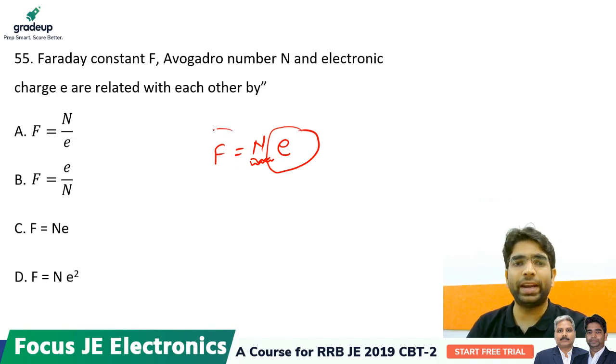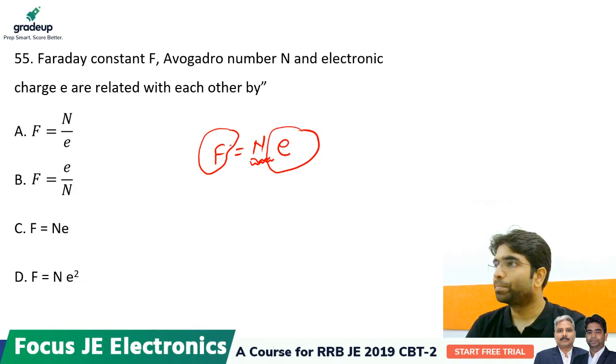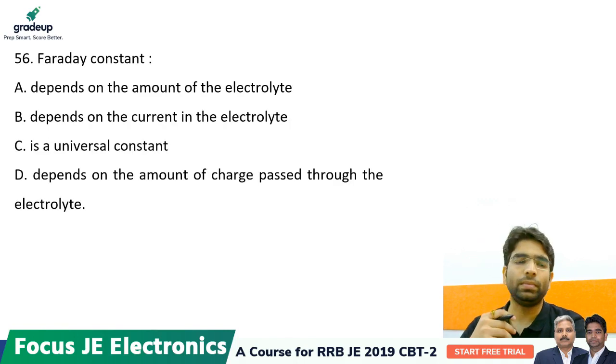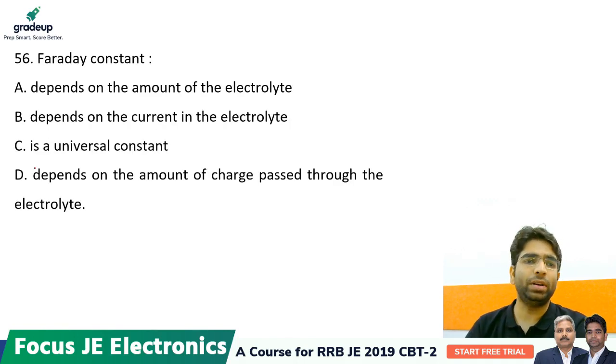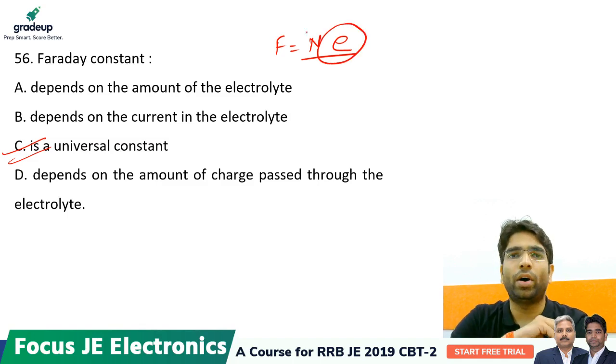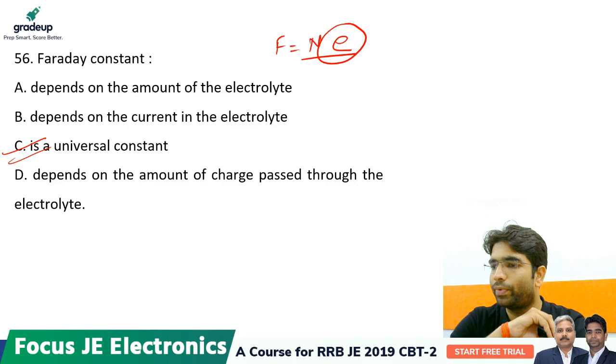It means Faraday constant tells you the charge held by 1 mole of electrons. It is a universal constant because 1 mole N is fixed, and E, the charge on an electron, is also fixed.